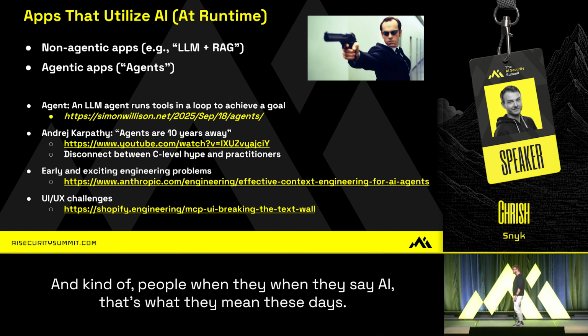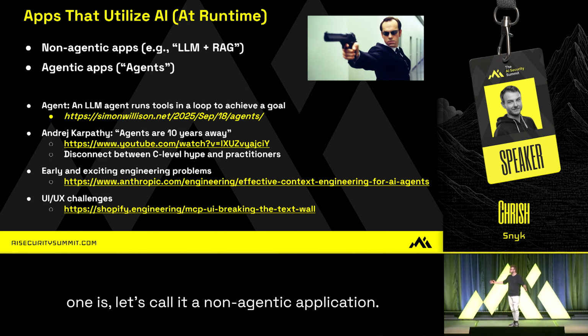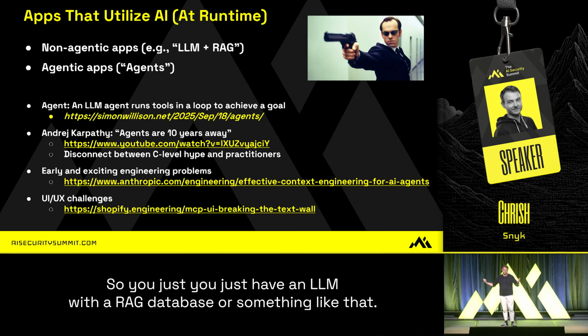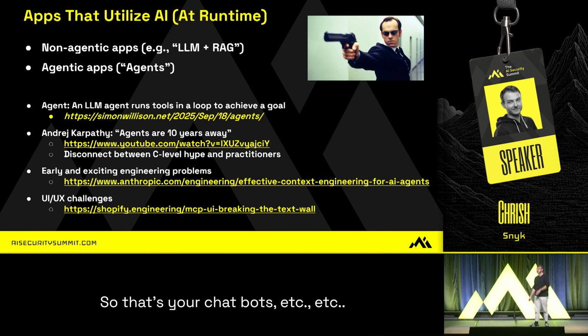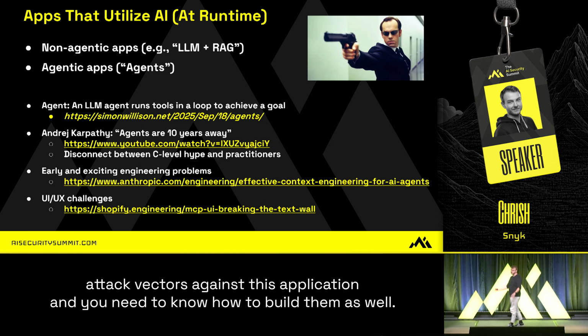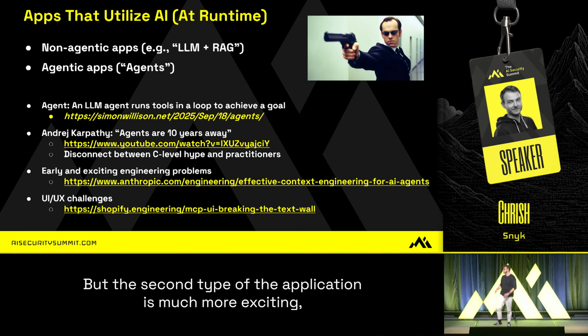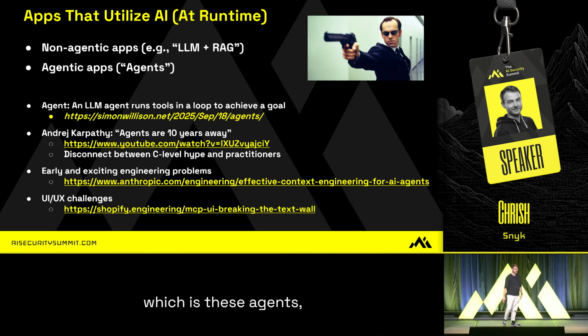That's what people mean these days when they say AI, rightly or wrongly. So there are two types. One is, let's call it, a non-agentic application. So you just have an LLM with a RAG database or something like that. So that's your chatbots, et cetera. Those are cool, and there are new attack vectors against these applications, and you need to know how to build them as well. But the second type of application is much more exciting, which is these agents.